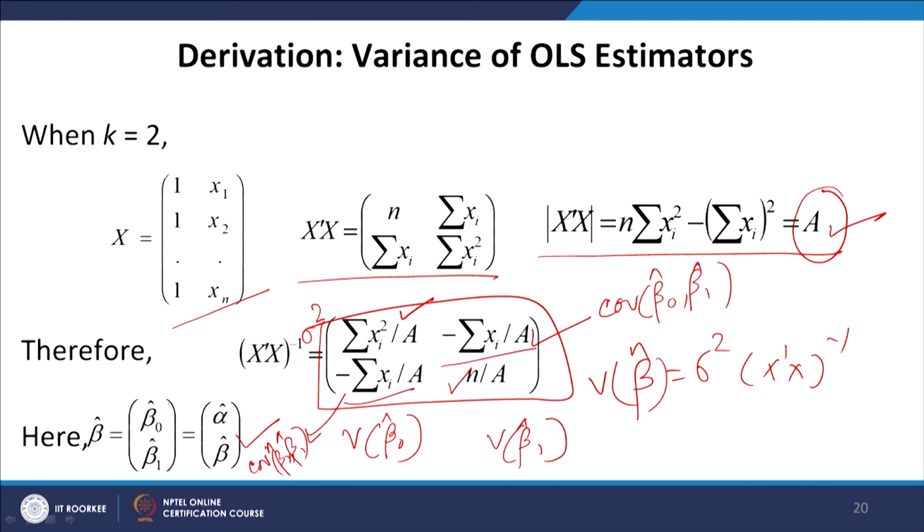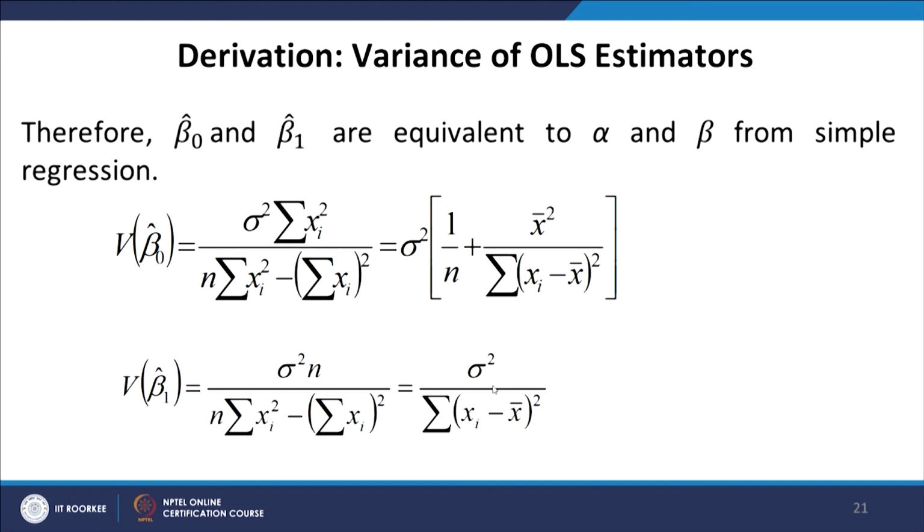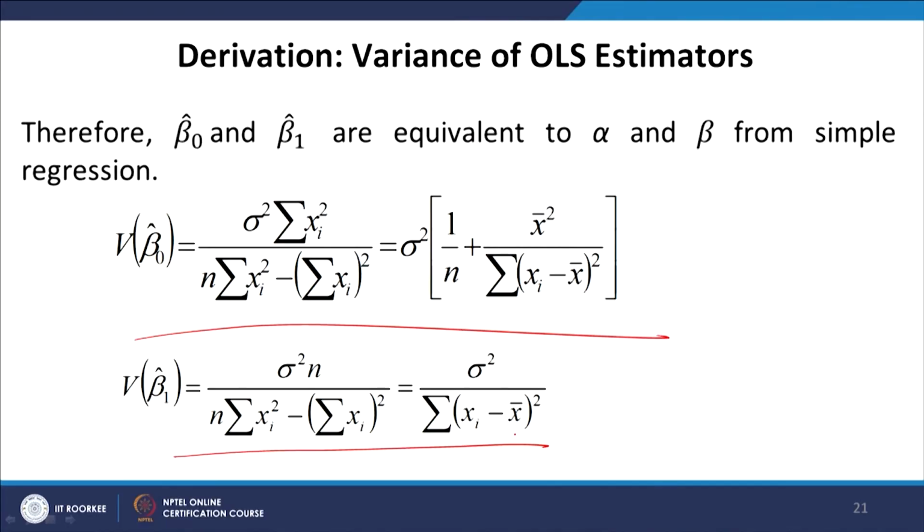You can see they are the same terms. So these two are covariance between beta naught hat and beta 1 hat. This is variance of beta naught hat or alpha hat, and this is variance of beta 1 hat, or variance of beta hat in case of simple regression. So these are the expressions for variance of beta naught hat, which come directly from the matrix that we have just derived in the previous slide, and this is the variance of beta hat, or here in this case beta 1 hat.